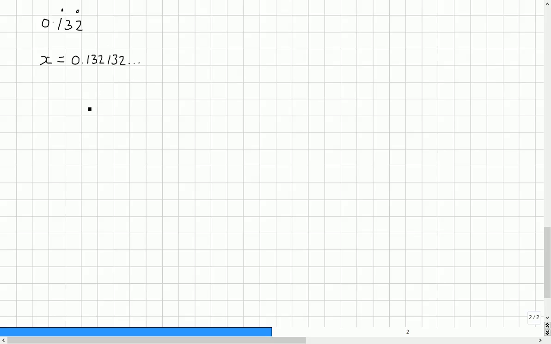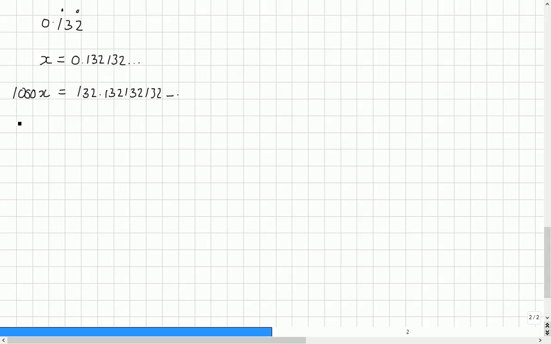So to work out this one, we need to find 1000x, which is 132.132.132.132, and so on. And the reason we found 1000x is because we want the numbers after the decimal point to be the same as these numbers here. So by moving them along 3 decimal places, we've done that.